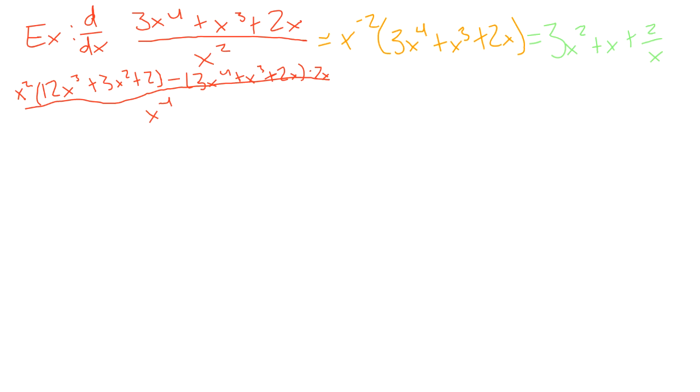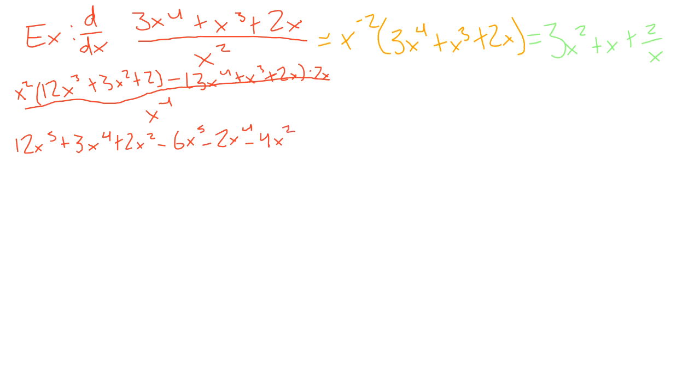So we distribute, and we get 12x to the 5th plus 3x to the 4th plus 2x squared, minus 6x to the 5th, minus 2x to the 4th, minus 4x squared.